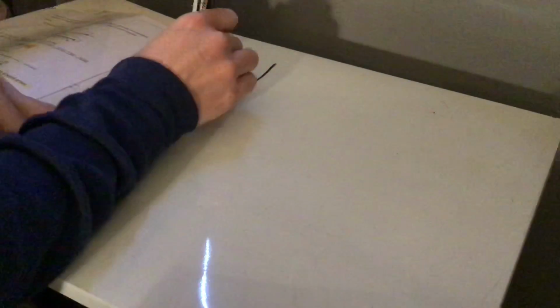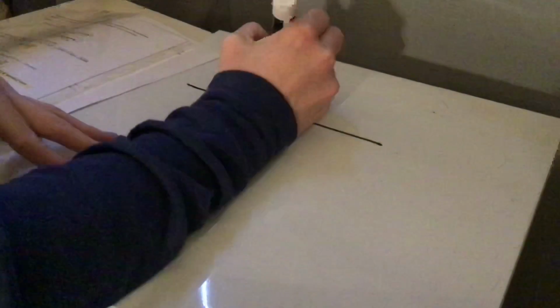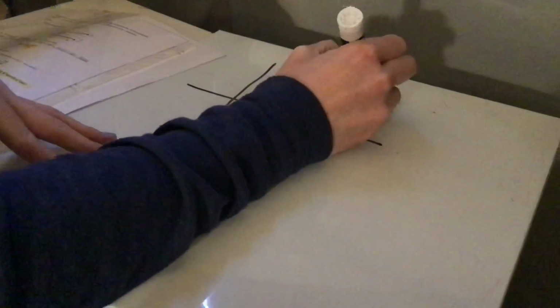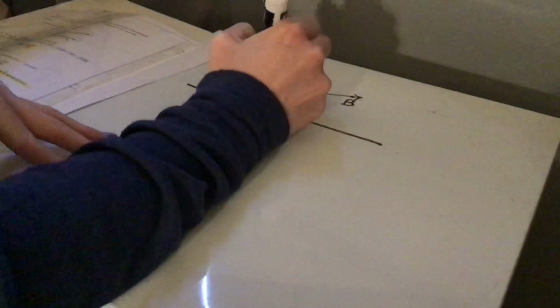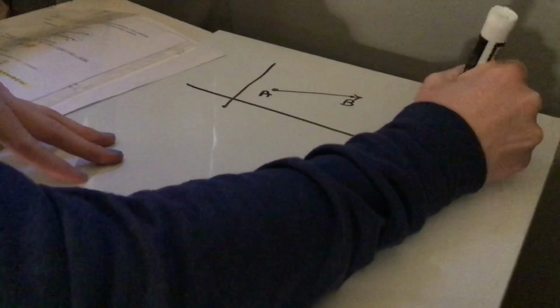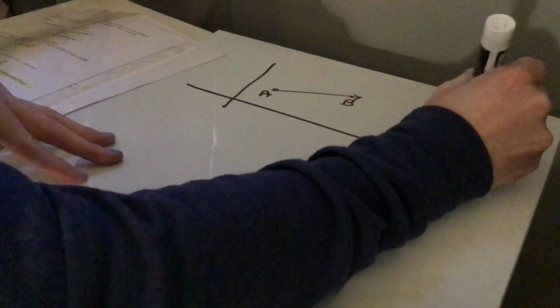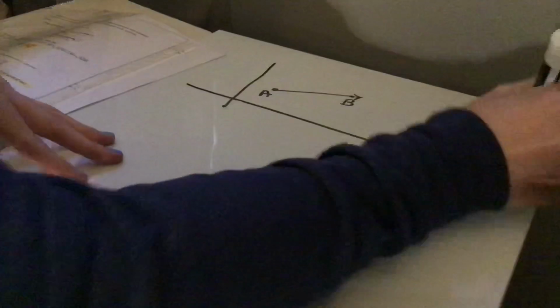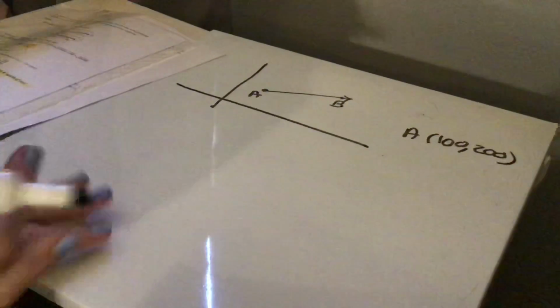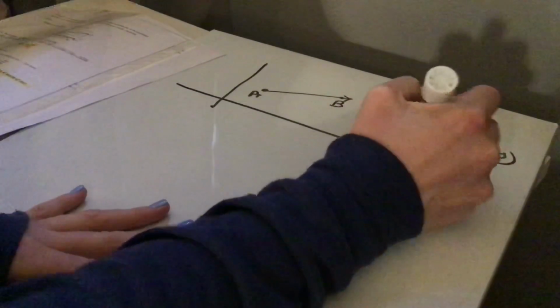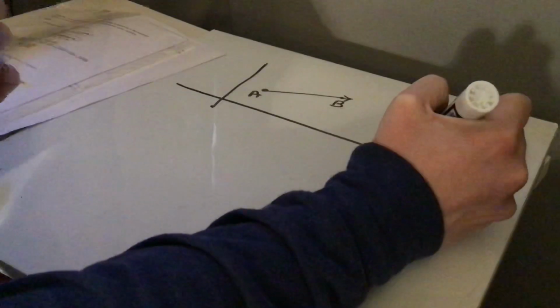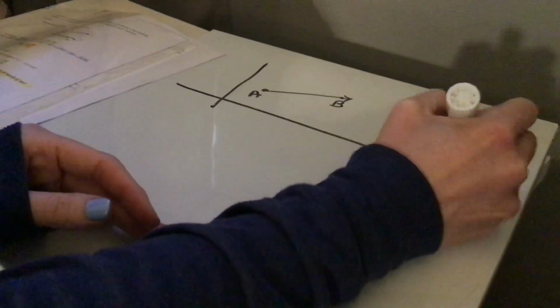So looking at the direction of this vector, here's your axis that you started at. Point A is here. It's our initial point, and point B. We say A is at 100, 200, and B is at 600, 300.